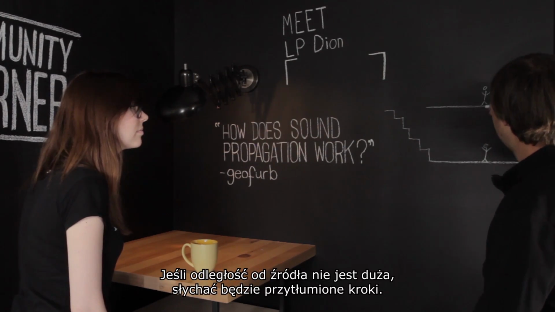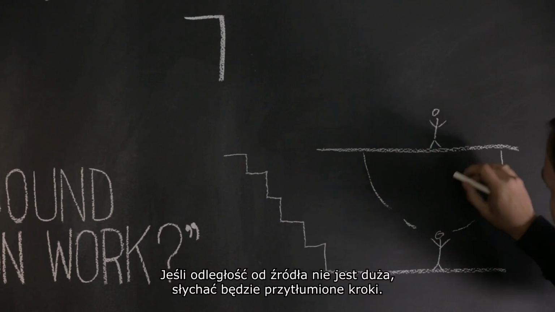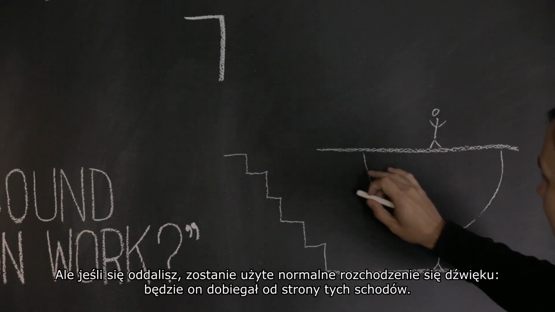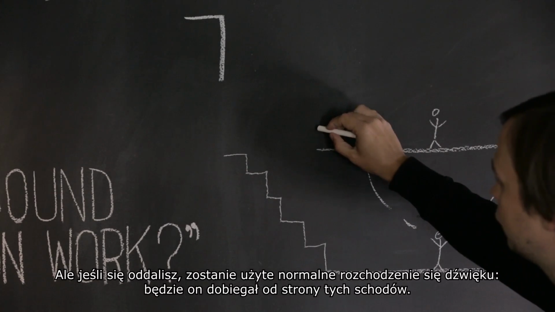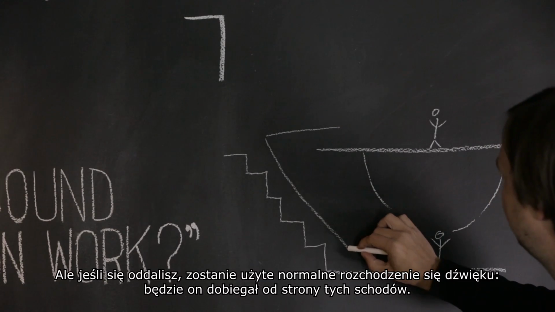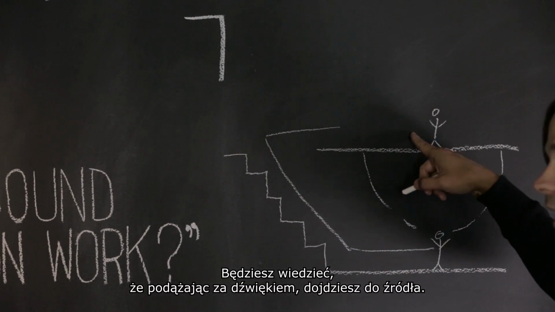So in a certain vicinity, you're going to hear these muffled footsteps. As soon as they get out of that type of sphere, you're going to hear the normal propagation. So you're going to hear the direct sound coming from those stairs. So you're going to know that if you follow that path, you're going to get to him.